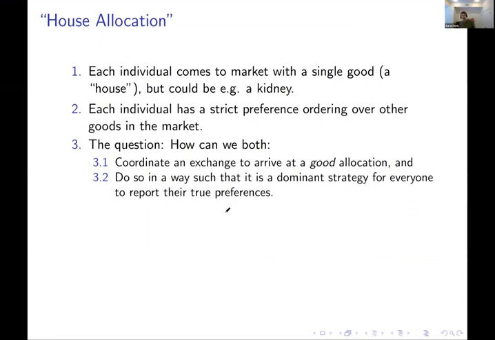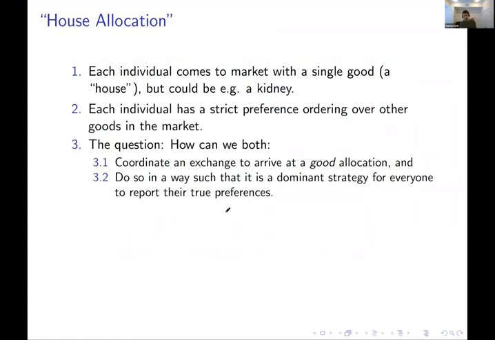As soon as I do that, I've defined a game, right? Your action set is the set of preferences that you could report to the mechanism. You could report your own preferences, but also at your option, you could lie, you could misreport your preferences if that's beneficial. And there's now a mapping between these actions and outcomes. When everyone reports some set of preferences, the algorithm is going to choose some outcome.